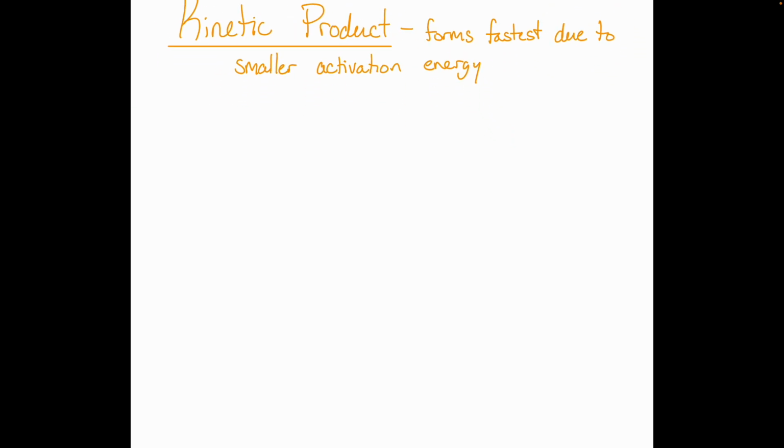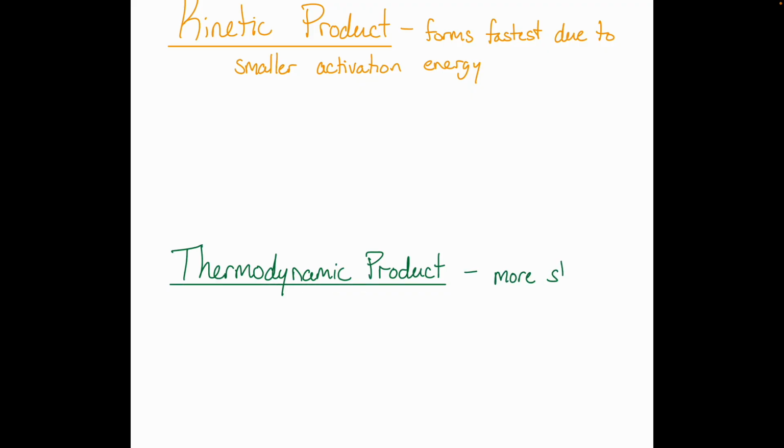I'm going to add to this a little bit, so I'm going to leave some room. Our other product is what we call our thermodynamic product. This is the one that is more stable due to lower product energy.